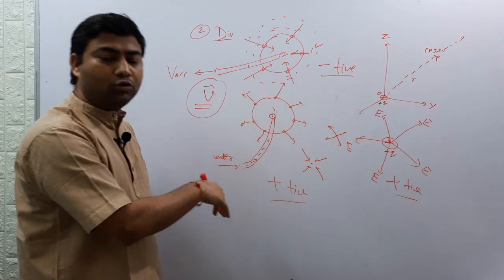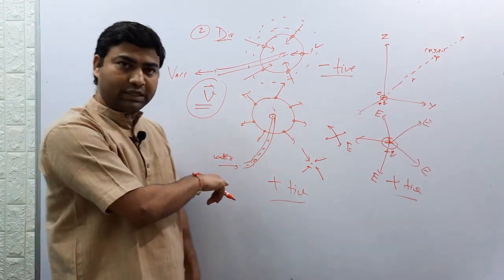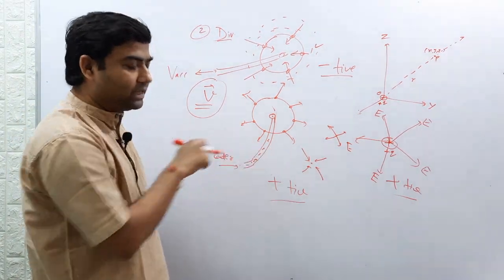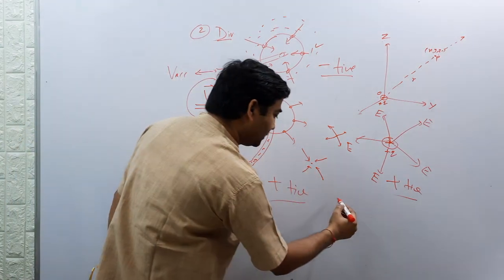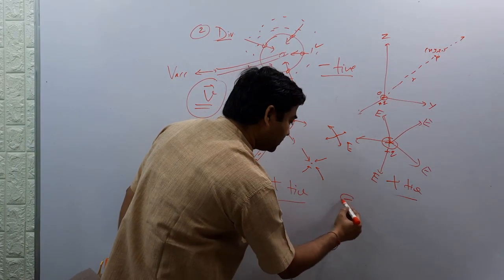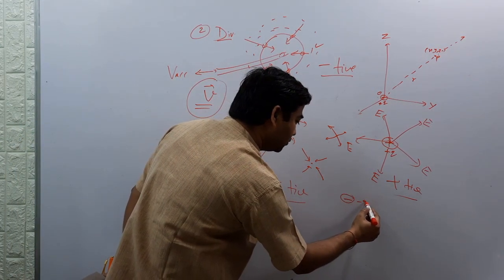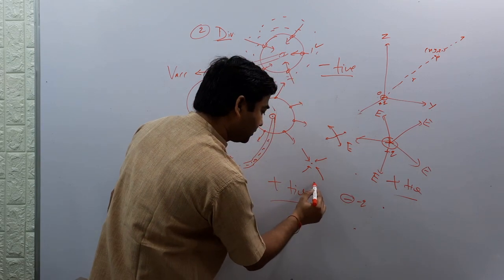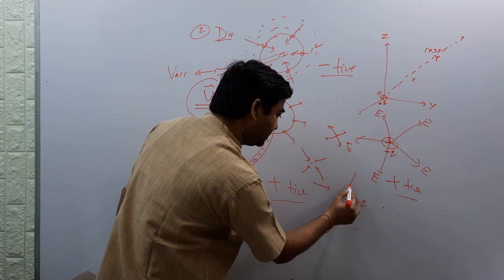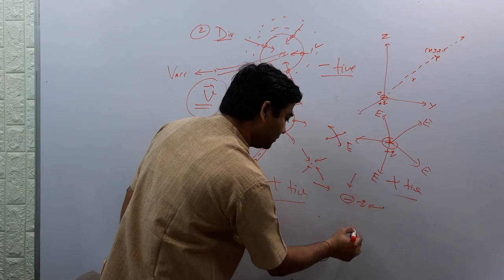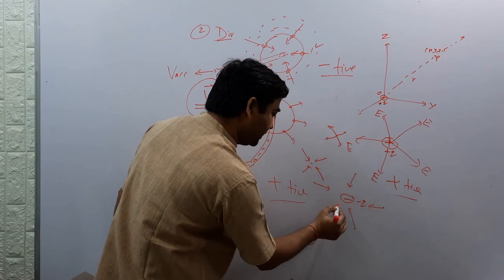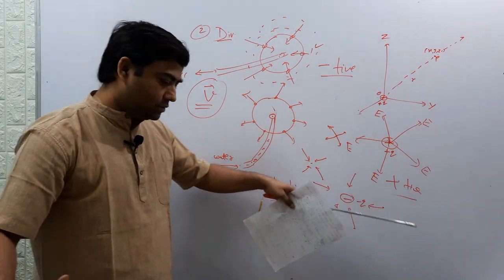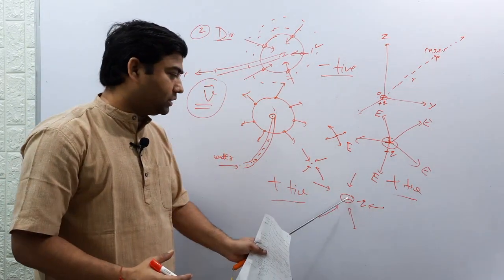When you calculate the divergence at a point, you will get a positive divergence. Similarly, for a negative charge, minus Q, at all these points the electric field is towards this negative charge. So the field is collapsing at this point.